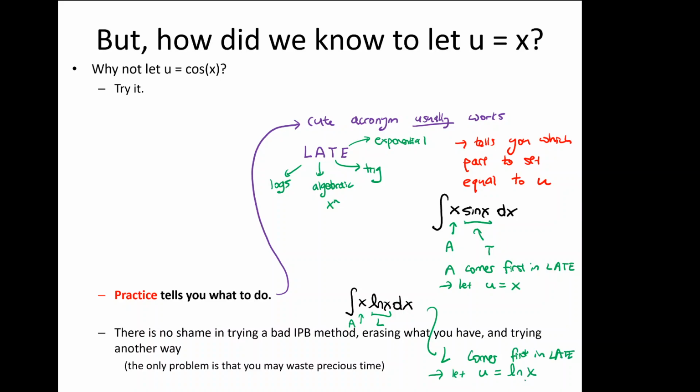Now, I put here usually works. Some of you are going to be enthralled by this course, and you will take Calc 1000 next, and you might even be enthralled by that course. And then you'll take Calc 1301 or Calc 1501, and in that course you will find why the word usually is there. Because there's some that it will not work for, and there's still problems that can be solved by integration by parts.